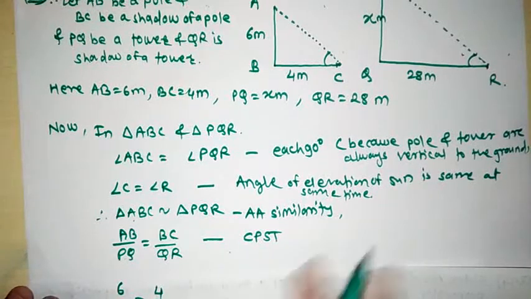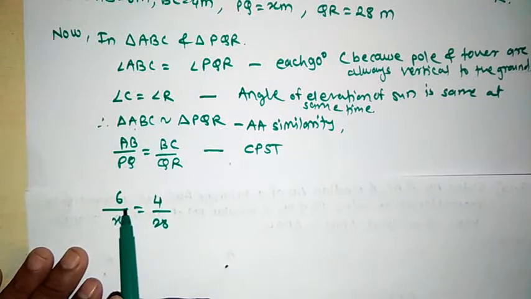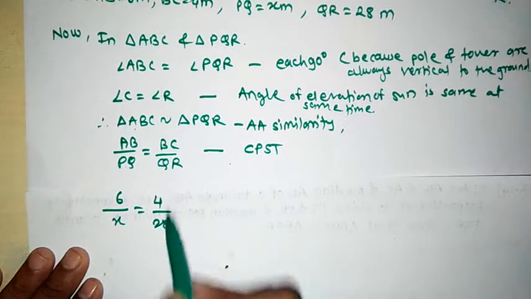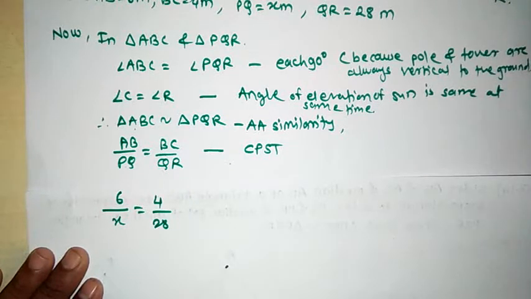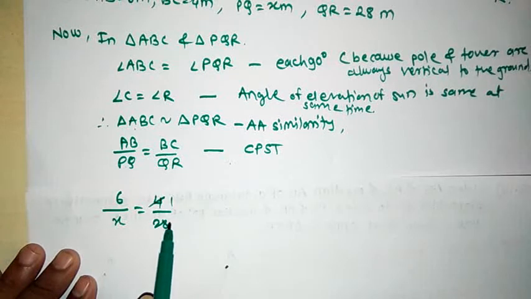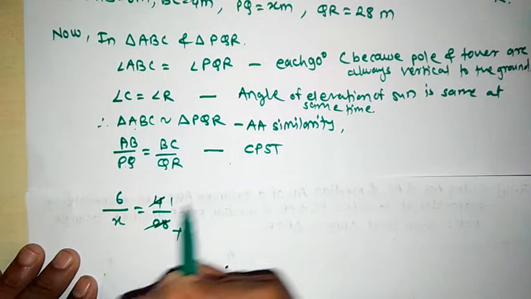See here, we got all the values: AB is equal to 6, PQ is equal to x, BC is equal to 4 and QR is equal to 28. Now 4 ones are 4, 4 sevens are 28. We got 1 by 7. Now send this 7 to the left hand side, it will go to the numerator, and x to the right hand side.